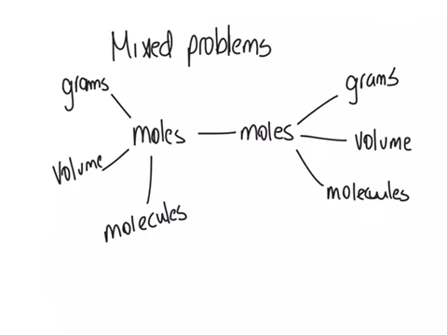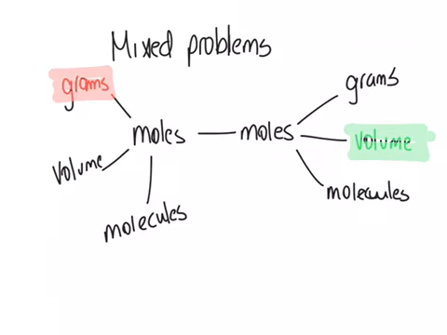It says what volume of NH3, so we want to know this right here, and we are starting with 25 grams of N2. So that means we're starting with a different material, all the way over here with grams of a different material.